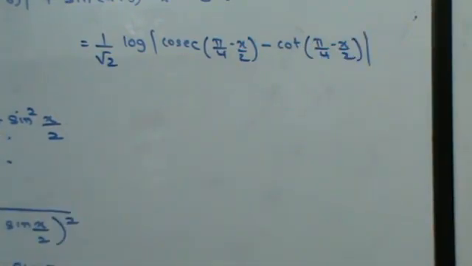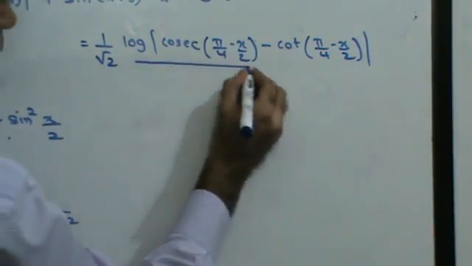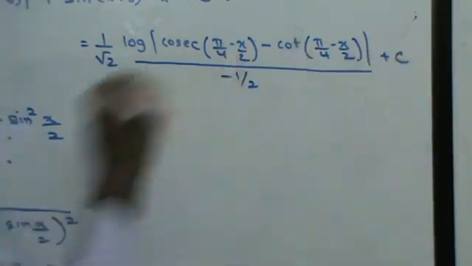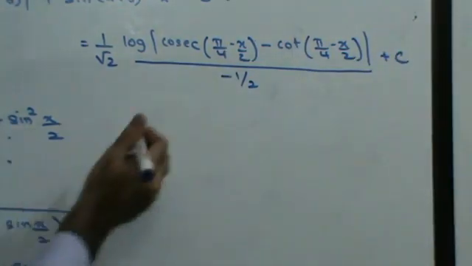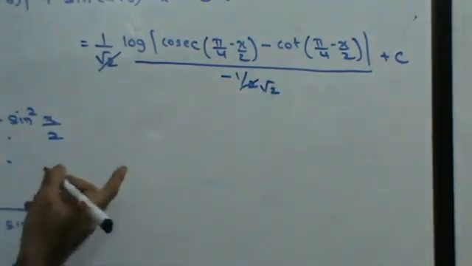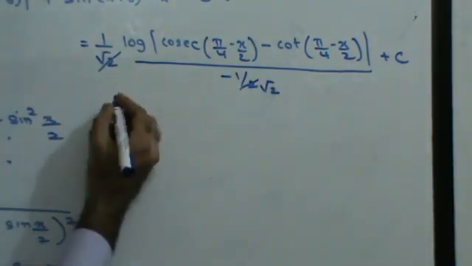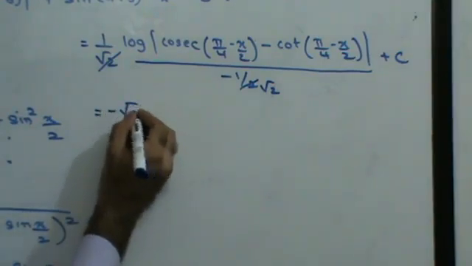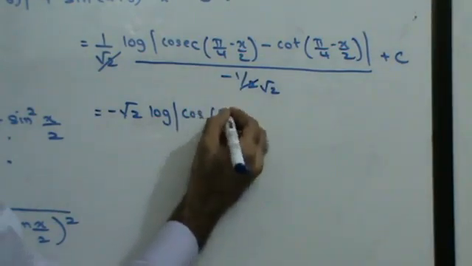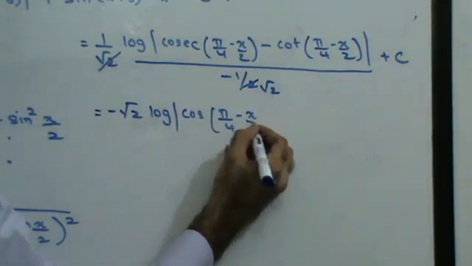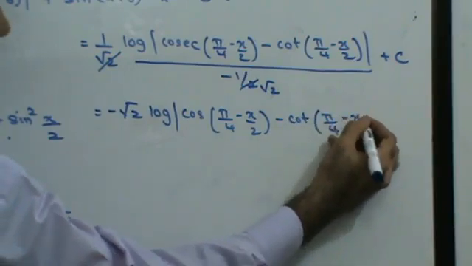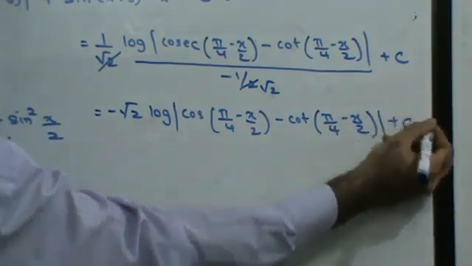Whatever is the number multiplied with x has to come in the denominator, divided by minus 1 by 2, plus c. Right? Now, root 2 and 2 get cancelled to give you root 2 here. Denominator of denominator becomes numerator. So the answer will be minus root 2 log mod (cosec (pi by 4 minus x by 2) minus cot (pi by 4 minus x by 2)) plus c.